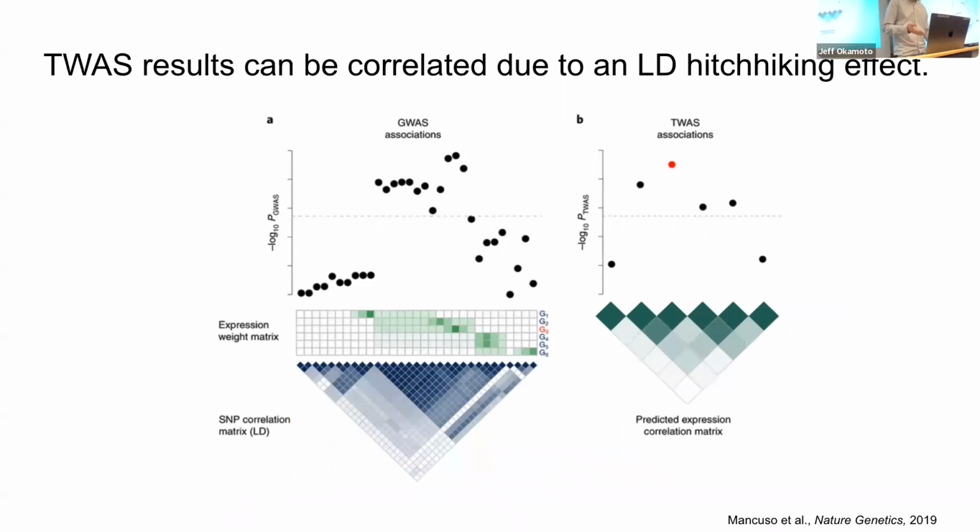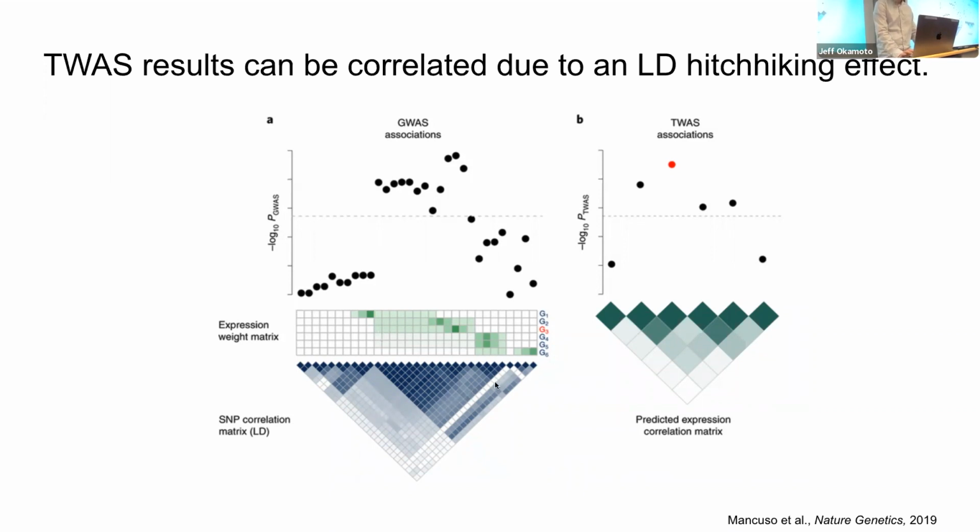So this figure tries to explain that. This is from a different paper. So here we have a Manhattan plot showing your GWAS signals. Here we have an expression weight matrix for 6 different genes, gene 1 through gene 6. And then we have an LD matrix below.